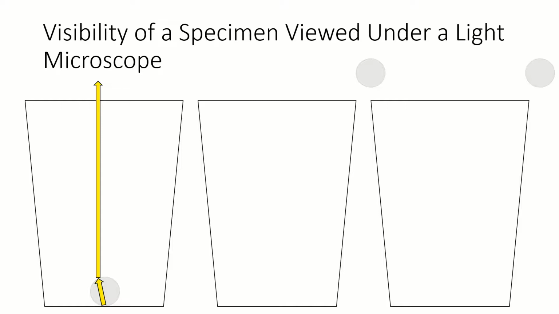Meaning to say, as light passes through the glass ball and into the air surrounding the ball, it actually bends a bit because their refractive indices are different. Now, what if we put the same glass ball in a glass of water? It might be more challenging now to see the ball in the water because the refractive indices of the ball and the water are a little bit closer to each other now. So it will be a bit more difficult to spot the glass ball.